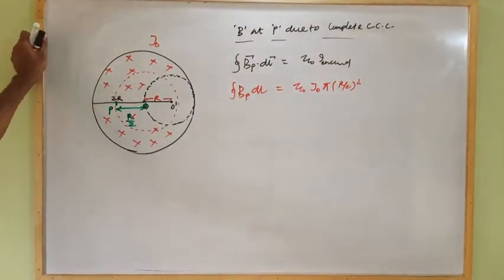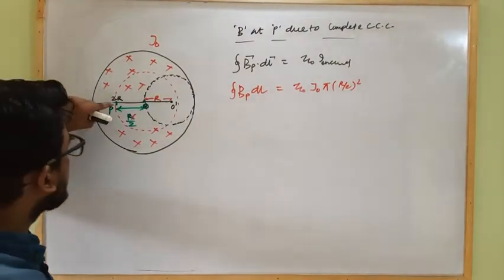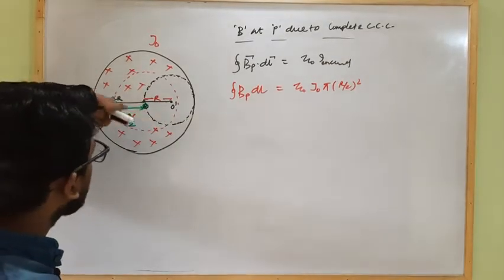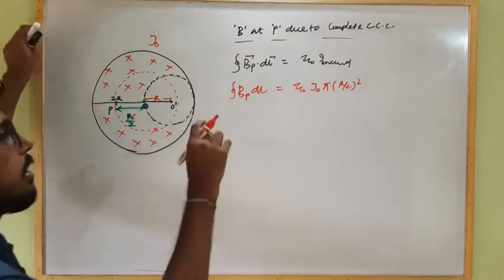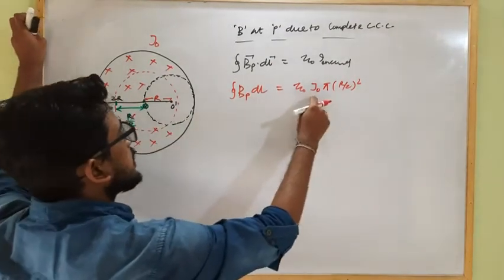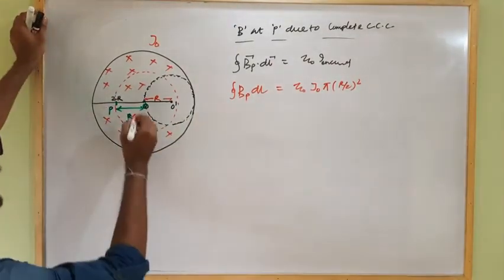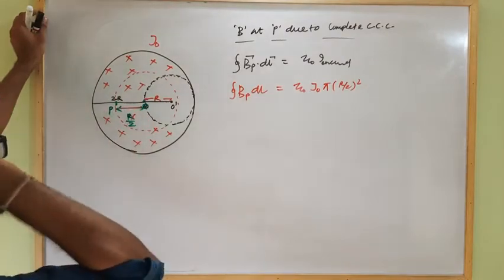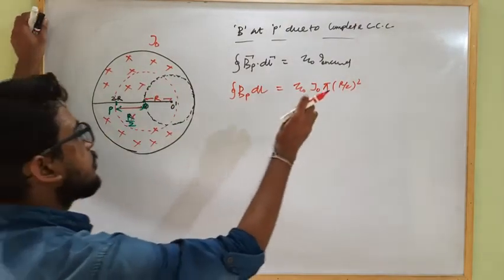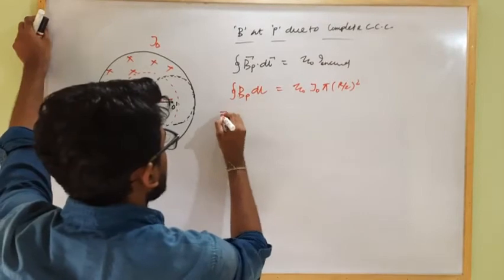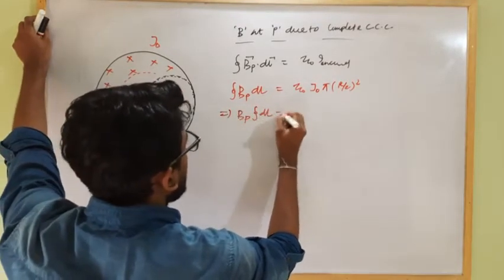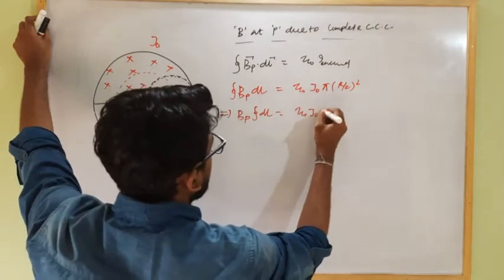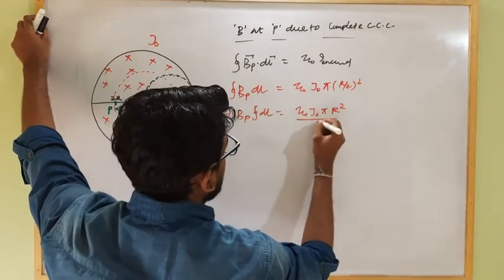Clear? As this point of observation is within the large current carrying conductor, the enclosed current will be J naught into pi r by 2 square, because this distance is r by 2. So you can write B at P closed integral of dl equal to mu naught J naught pi r square by 4.